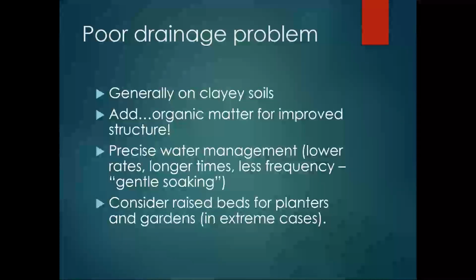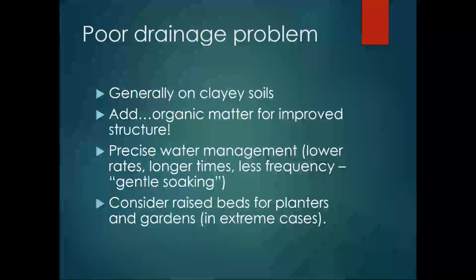So if I've got a poor drainage condition, a lot of clay in that situation, I add organic matter to improve structure. Then I take care on how much water and when I put it on, and I do it at lower rates, longer times, less frequency in order to get the soaking that's needed in those.